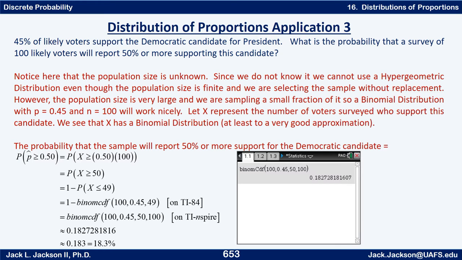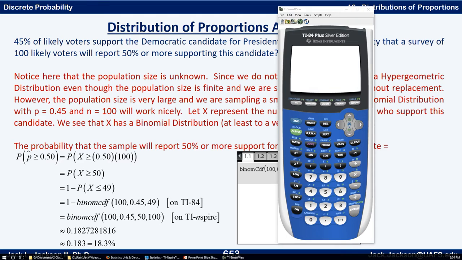If you have a TI-84, the way you're going to run this is you're going to get 1 minus the probability that x is less than or equal to 49. So here I'll actually show this typing in.